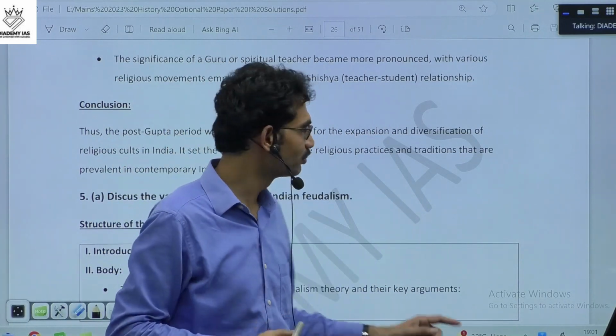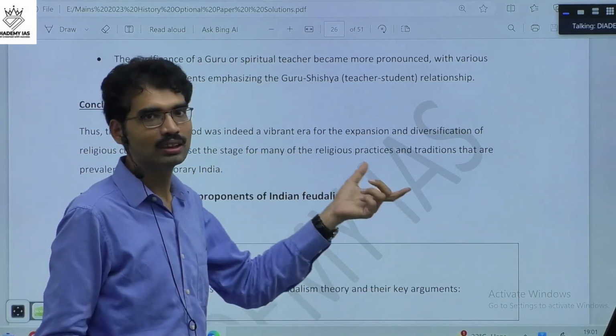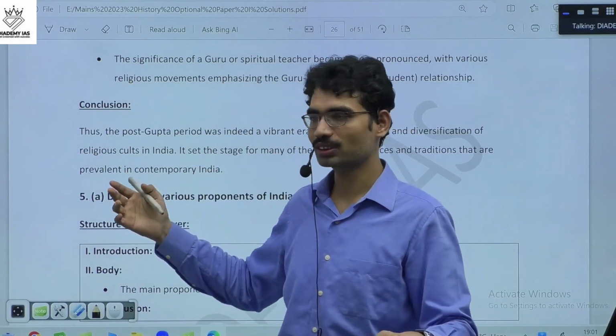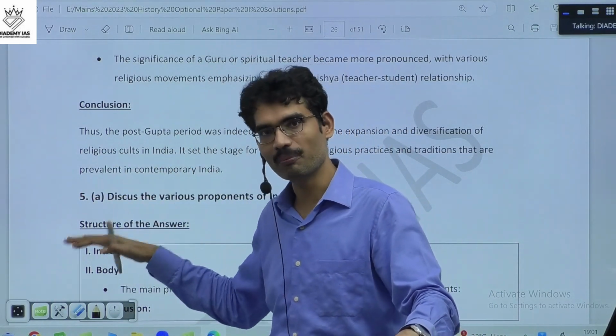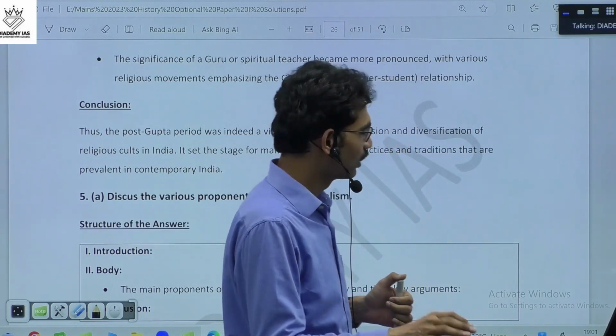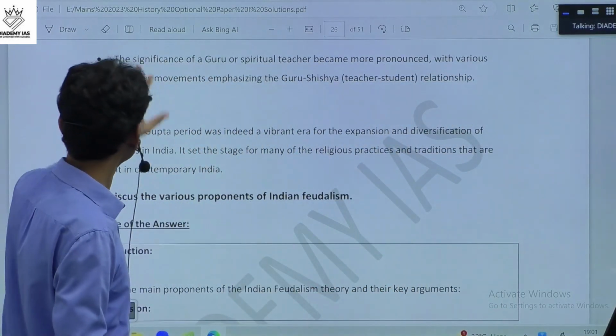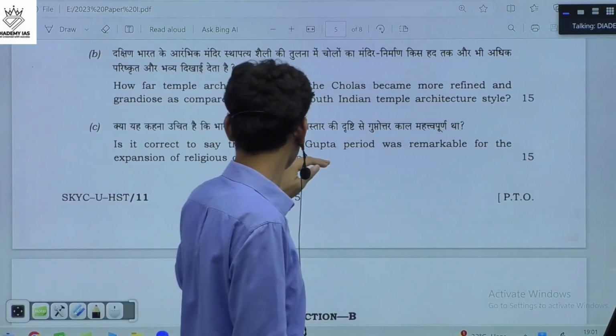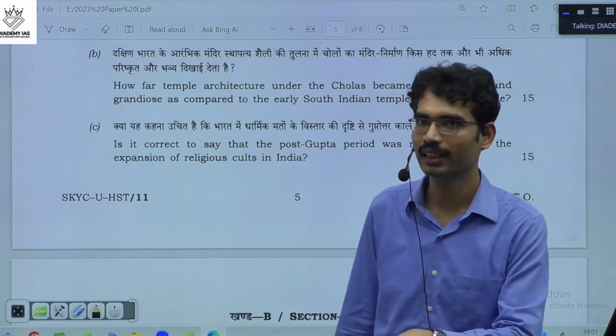Islam also, very good. You can include Christianity also, they are not major forces, but still you can mention them. This way, you can write about different religious cults, that the period was remarkable for the rise of religious cults in India.